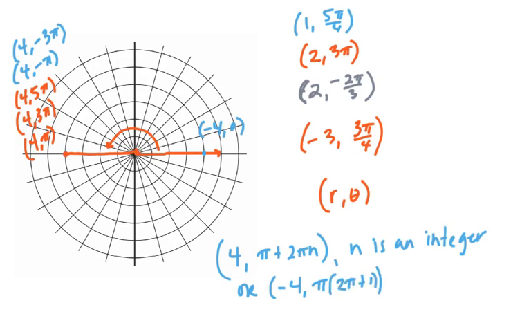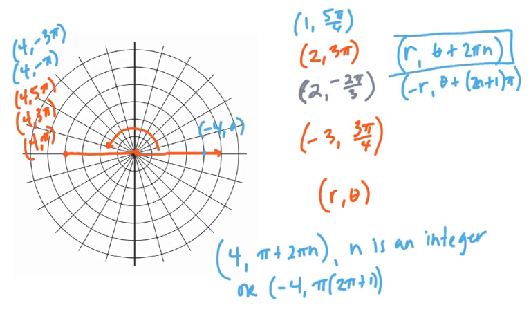So your generalization is you could always do (r, theta plus 2 pi n). Or we could have (-r, theta plus (2n plus 1) times pi). This is your most common right here when we work in the positive r, and we work with it accordingly.